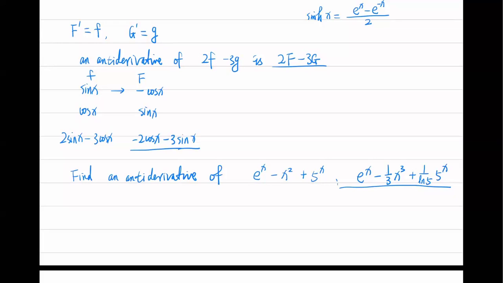Okay, so she gave us one antiderivative. Now we can check. If we take the derivative of this, we recover the initial function. Derivative of this one, derivative of this one. So the cube and 1/3, they cancel each other.